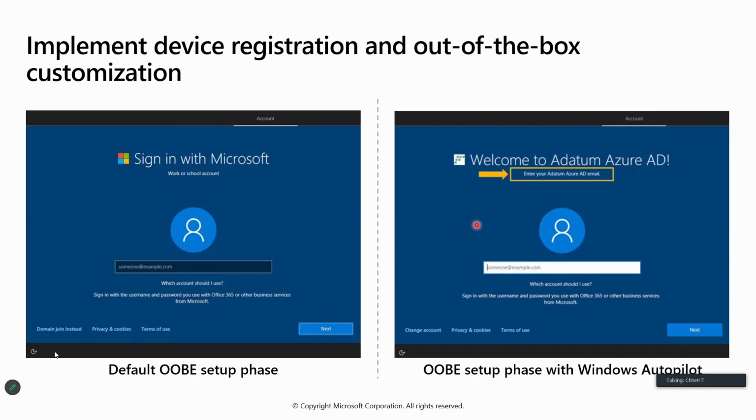Sorry, Harrison, you had a question? No, that's all right. Just as important. So how does the device get joined to the domain if it doesn't have access to the network domain yet? Or does it talk to Azure AD and then Azure AD talks to the domain? What you can do is what they call offline domain joins. An offline domain join is something that Microsoft introduced back in 2008 or 2012.